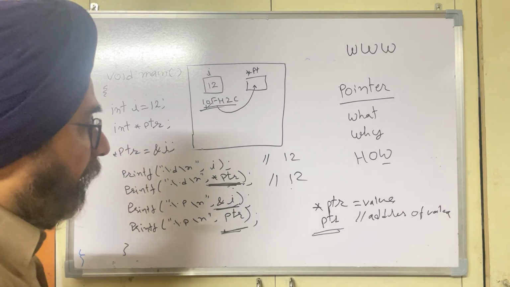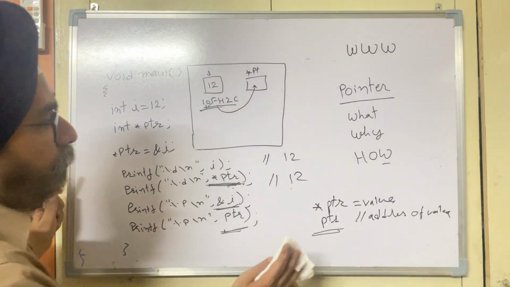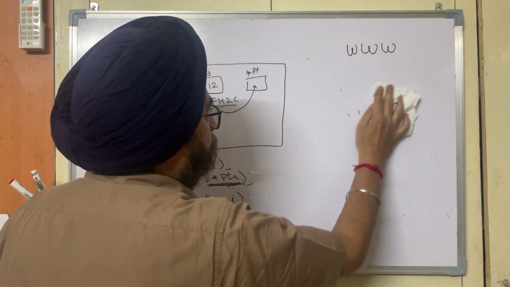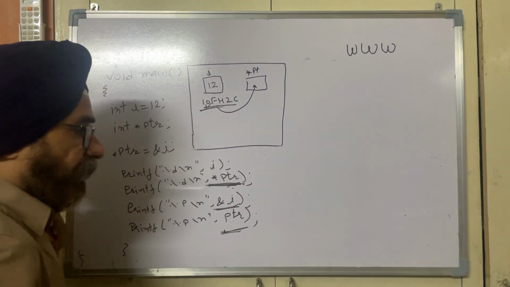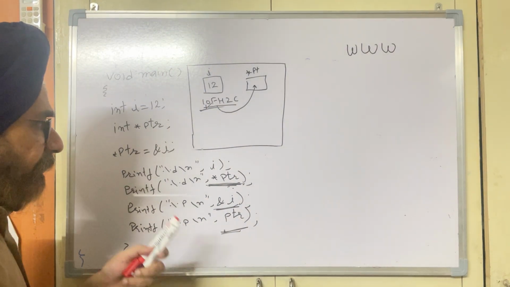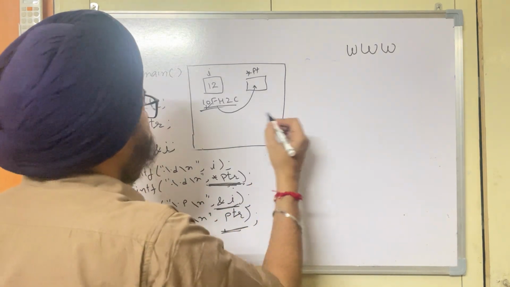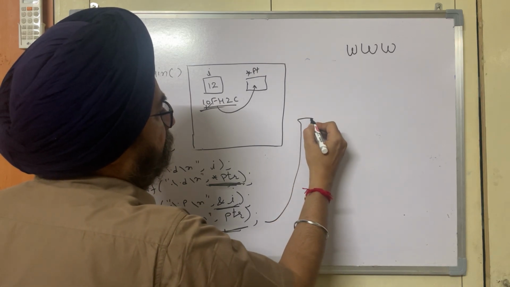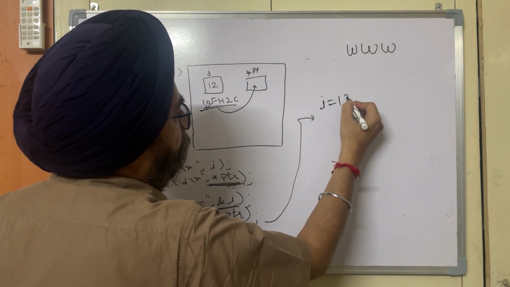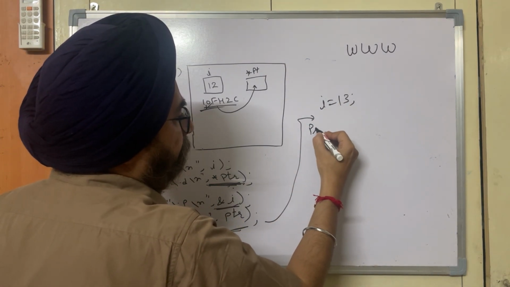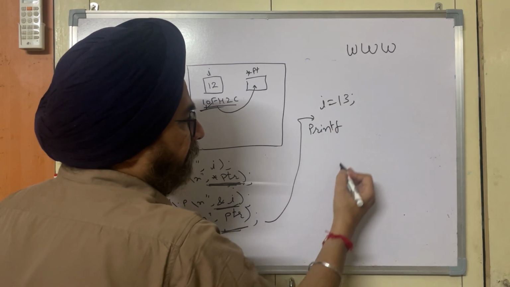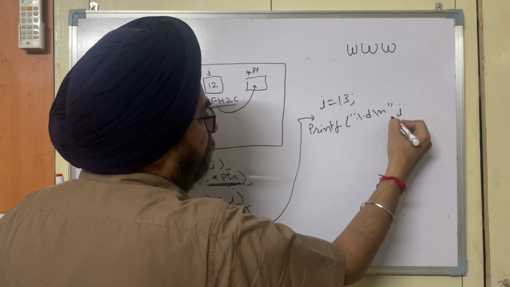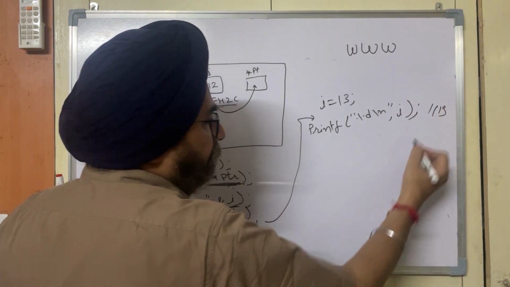Suppose in a program we need to change the I value. Suppose I repeat it here, after this, that I should be 13 now. So you know that if we print the printf statement again, %d \n I, it will show 13.